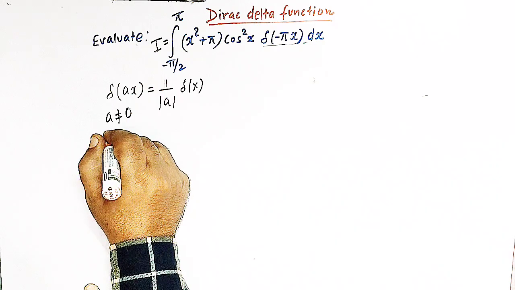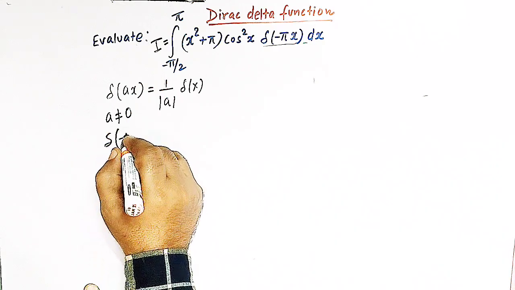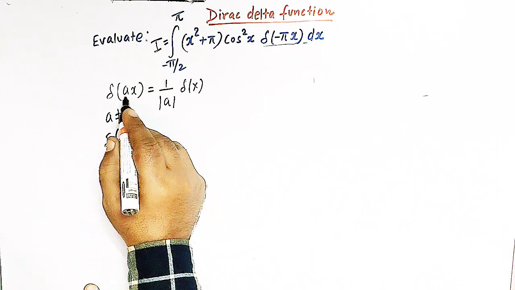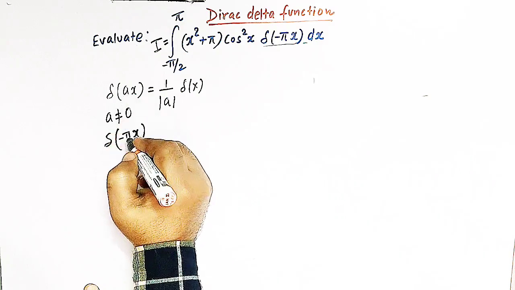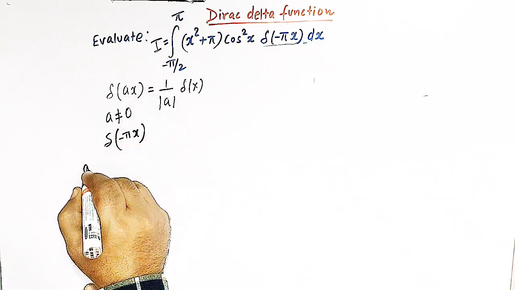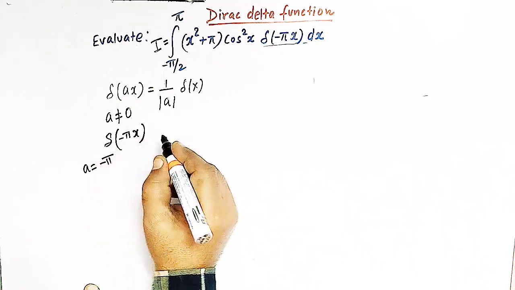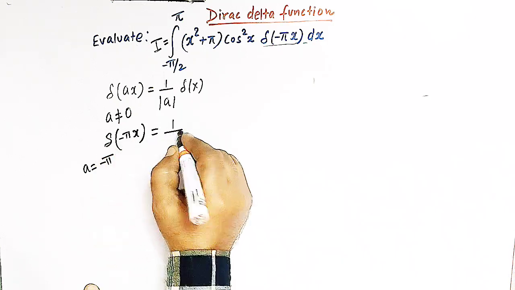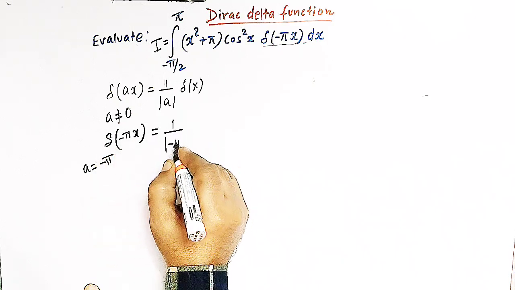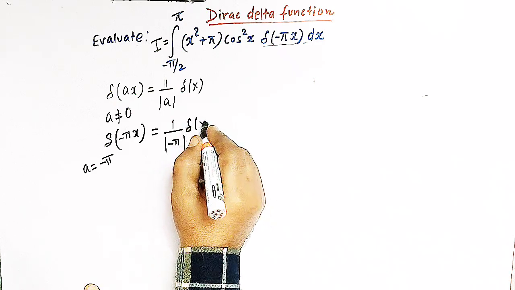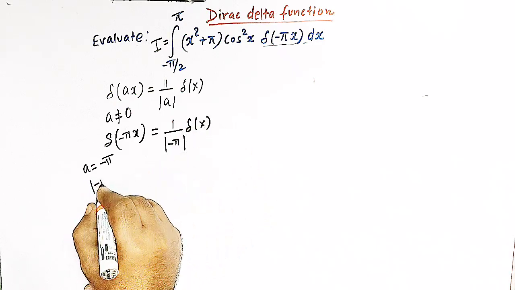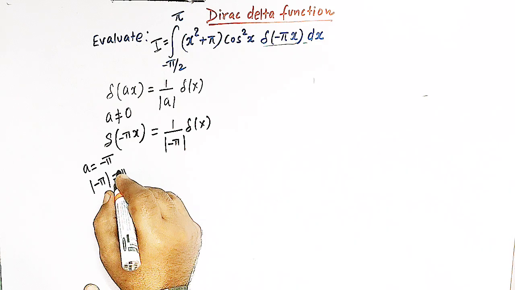So let us apply this property to this delta function. Here we have delta of minus pi x, and if we compare these two expressions, then the value of a is minus pi. So delta of minus pi x can be written as 1 over mod of minus pi and delta of x, and mod of minus pi is simply pi.